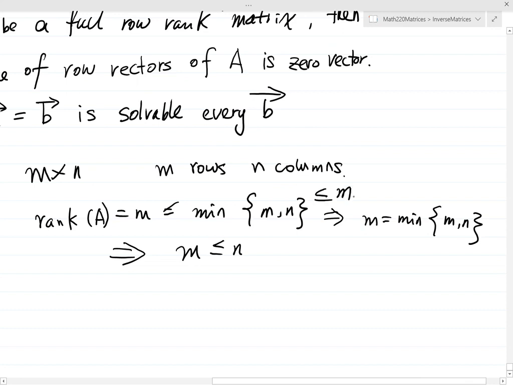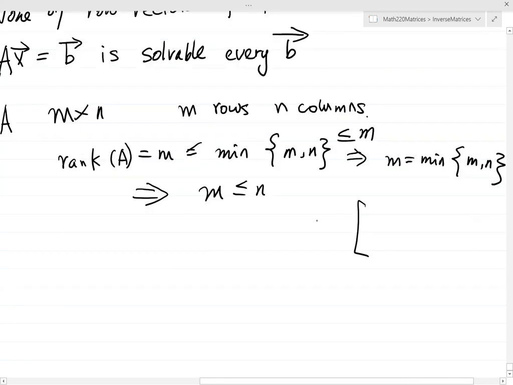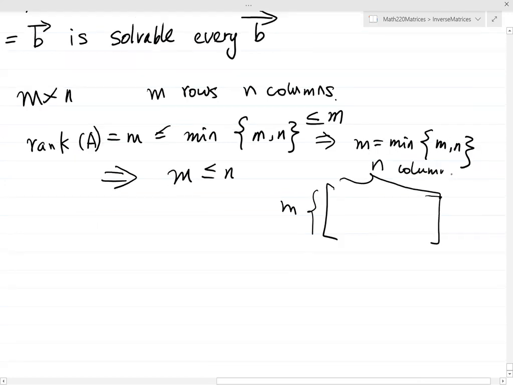So A has m rows, a small number, and n columns. This matrix is actually a really fat matrix.